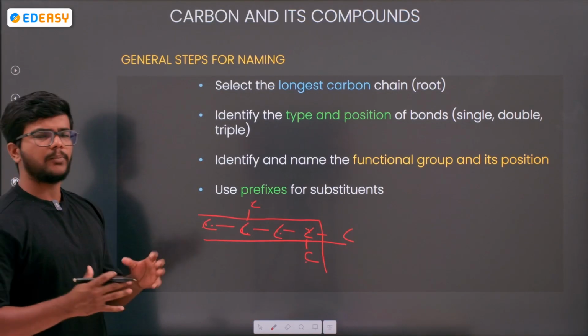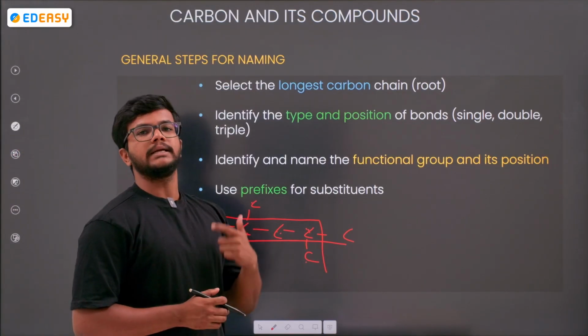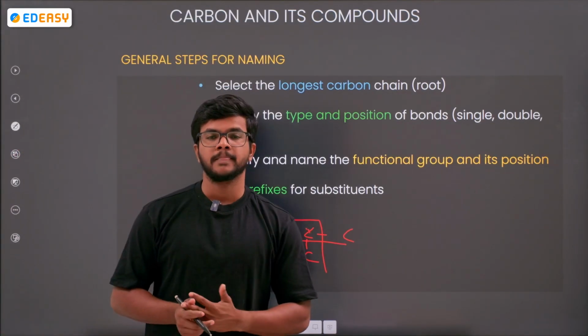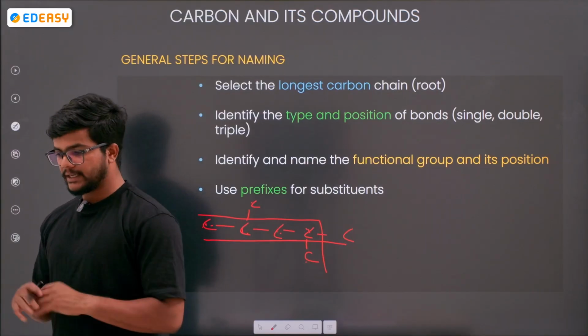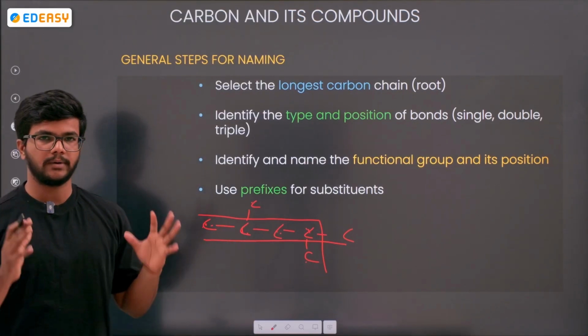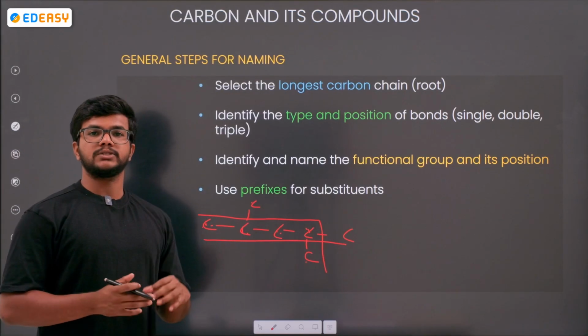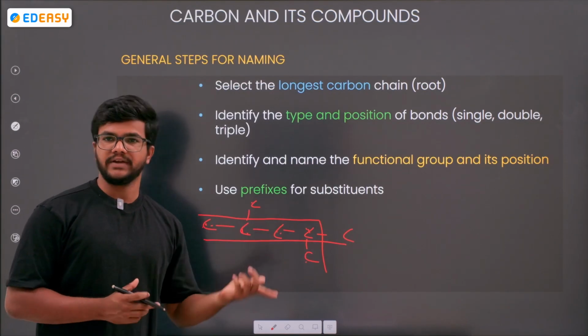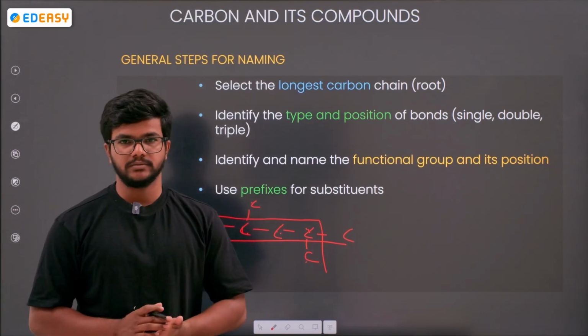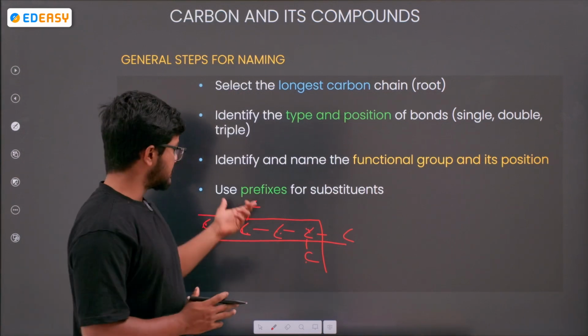The type of bond can be a single bond, double bond or triple bond. And after finding whether it is a single, double or triple bond, go to the functional group, identify the functional group and its position. Last, but not least, is the prefix.